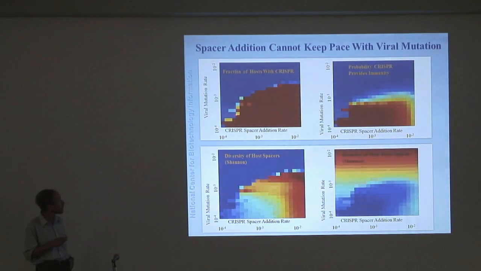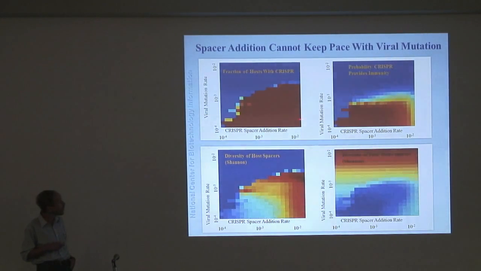Again, you see this sharp separation. Remember, these are host strains that maintain CRISPRs, and these are those that lose them. These are the intermediate experimental results.